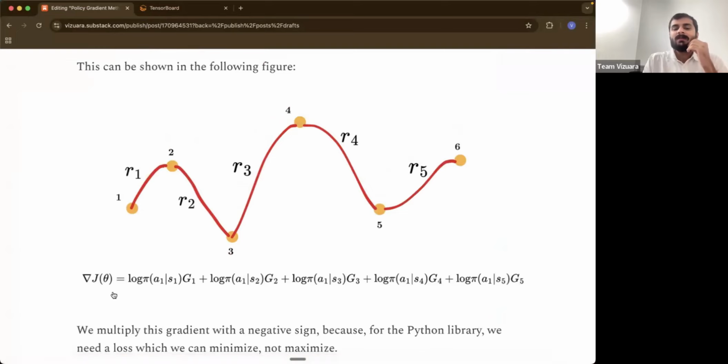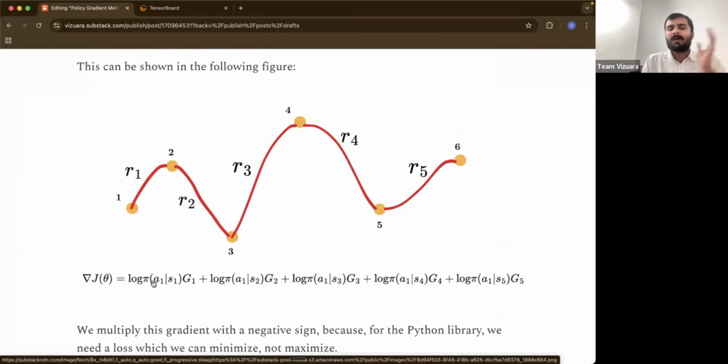Before we get to reinforce with baseline, we are calculating log of pi of a1 given s1 into G1 plus log of pi a2 given s2 into G2 plus log of pi a3 given s3 into G3, etc. And we do it for all the states encountered in the episode.